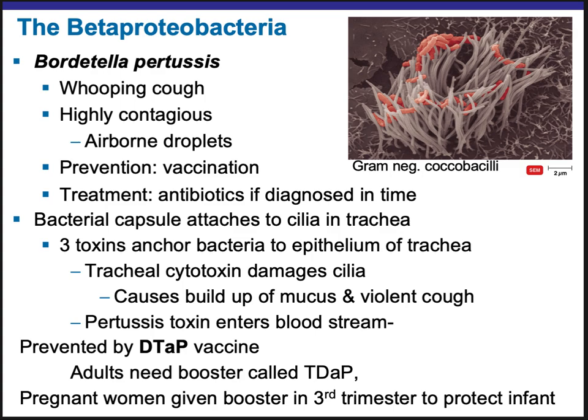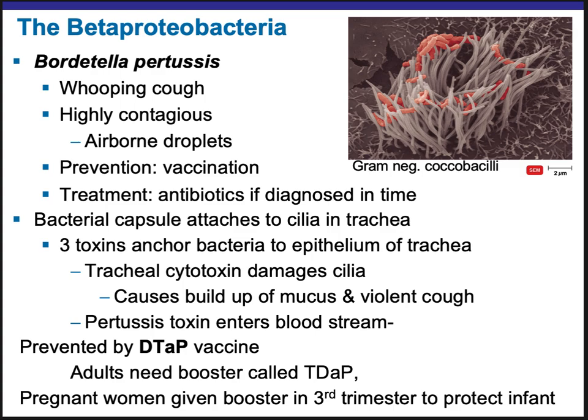You have the tracheal cytotoxin, which damages the cilia, and you get the buildup of the mucus. And so really these are the main two that are causing the whooping cough. When the person tries to get air right after the coughing, when they try to inhale, the airway is so narrow that it makes this whooshing or whooping sound as the air goes back into the lungs.